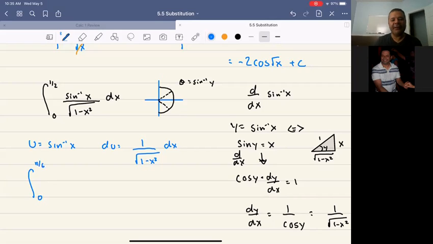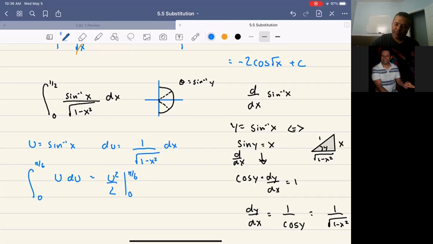What I was going to say is you may have learned this before: when you're doing calculus and trig, you're always using radians. Radians are the natural units for doing trigonometry. So you're going to have u du. This is going to be u squared over 2, from 0 to pi over 6.